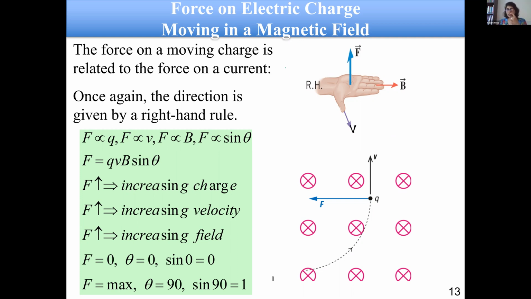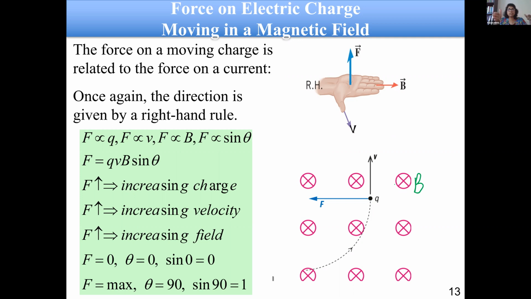So now let's take this example. I have a magnetic field inward and the particle is moving upward. So you're going to point your thumb in the direction of the velocity. My magnetic field is inward, and your thumb is in the upward direction.